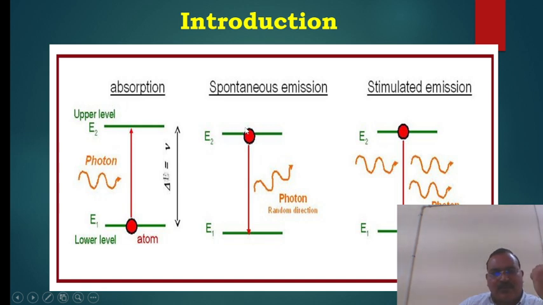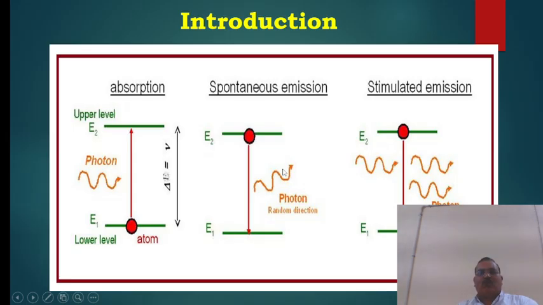Again, the atom that absorbed in the previous state loses energy and goes to the ground state by emitting the absorbed photon of the previous level. And this phenomenon is your spontaneous emission.